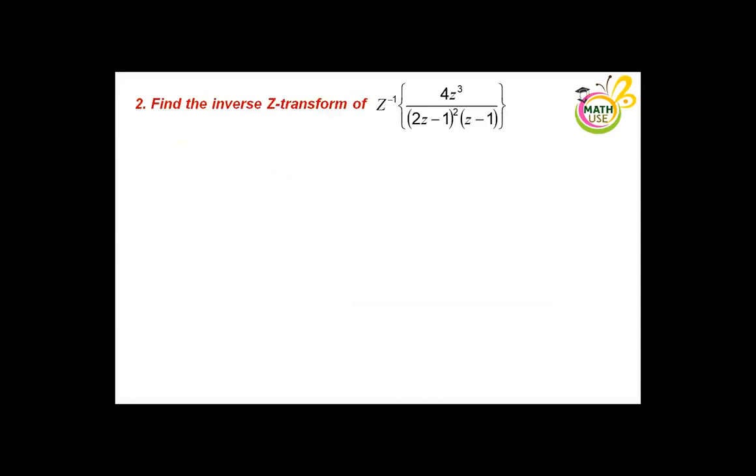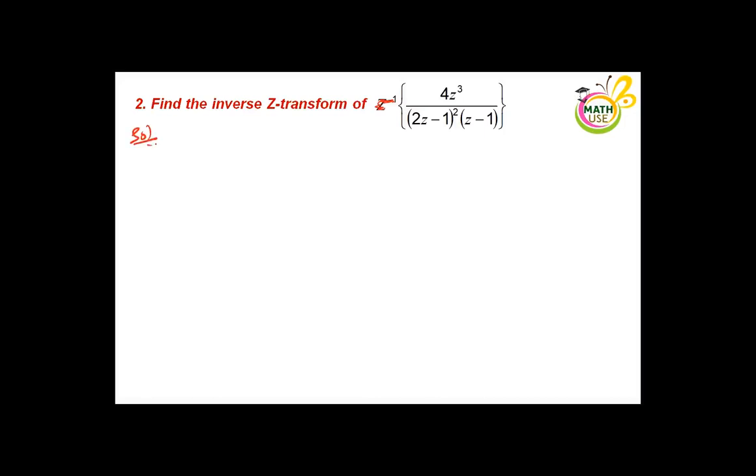The next problem is to find the inverse z transform of 4z cube divided by 2z minus 1 the whole square into z minus 1. So we need to find the inverse z transform of this function.